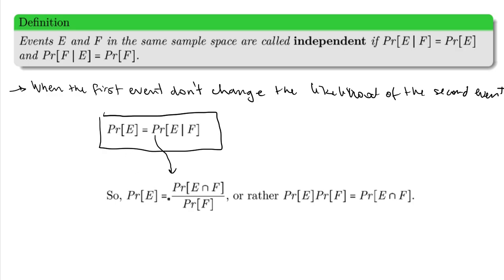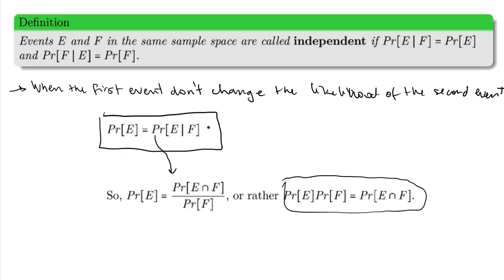In the end of the day, you have this property where the probability of both things happening is just the multiplication of the probabilities of the individual events. So this holds only for independent events. It's a consequence of assuming that the first event won't change the likelihood of the second event.